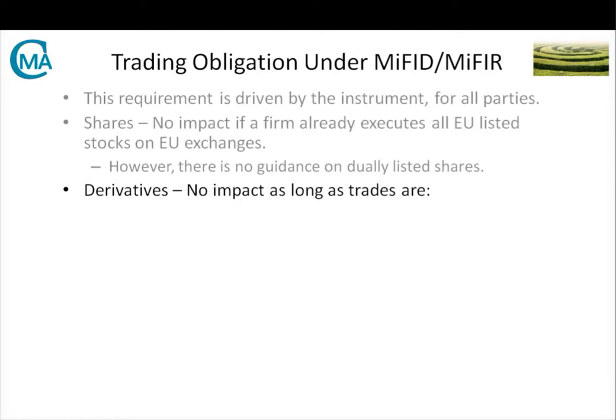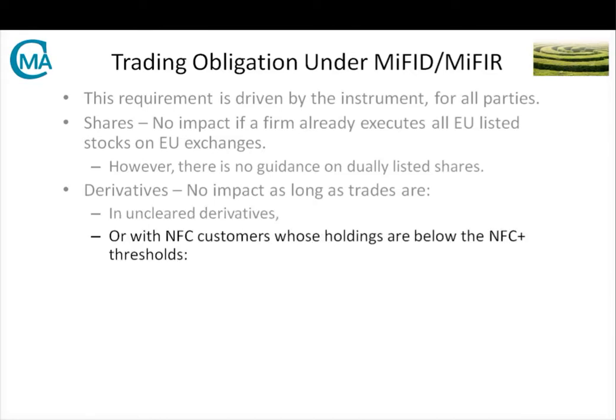So now to get back to the question Bill raised a little bit earlier, for a derivative, if the instrument is not mandatorily cleared, then this doesn't apply. But if it is mandatorily cleared, then only transactions with non-financial corporations that are below the NFC plus thresholds.